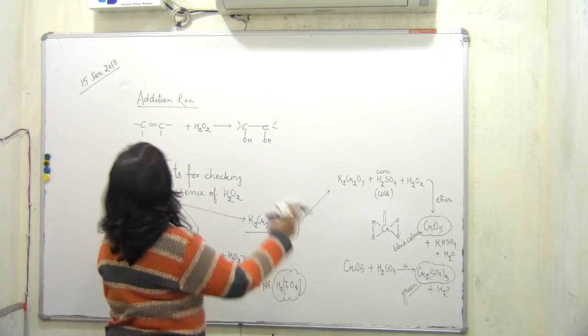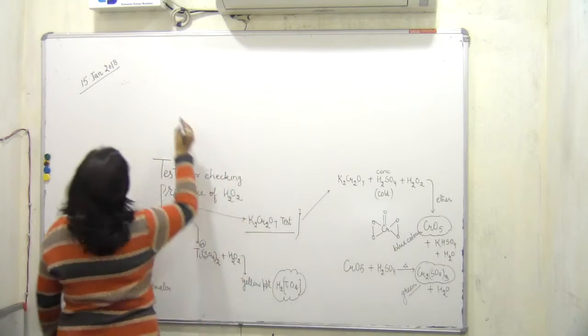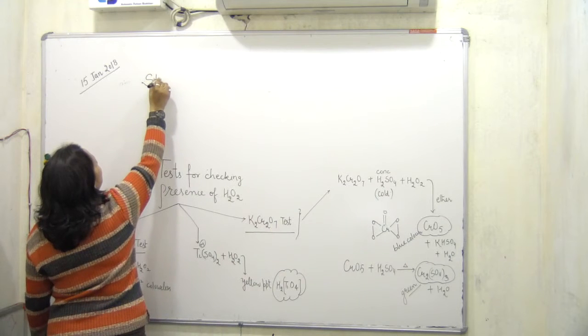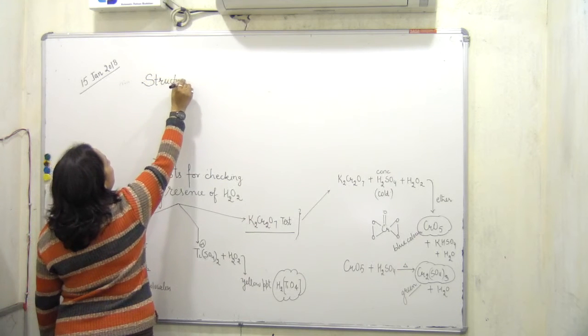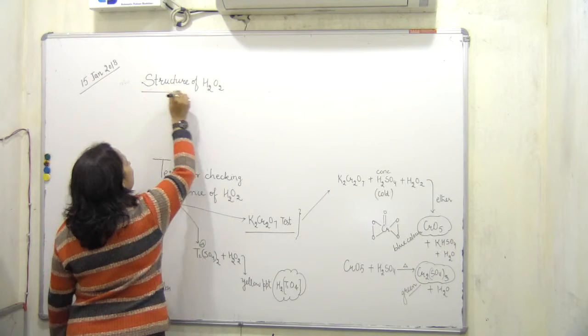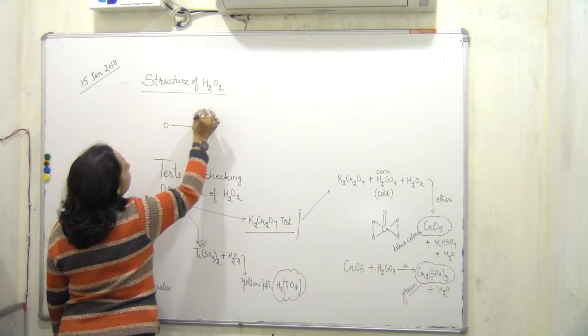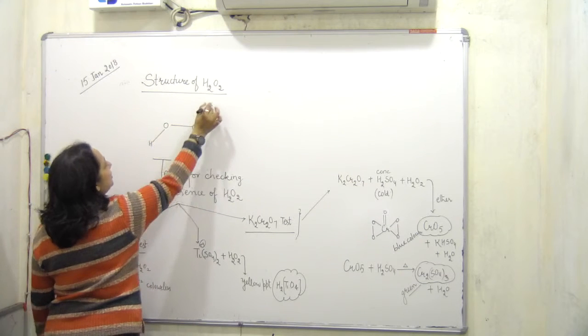The last topic for hydrogen peroxide is the structure of hydrogen peroxide. Hydrogen peroxide has a half open book-like structure.